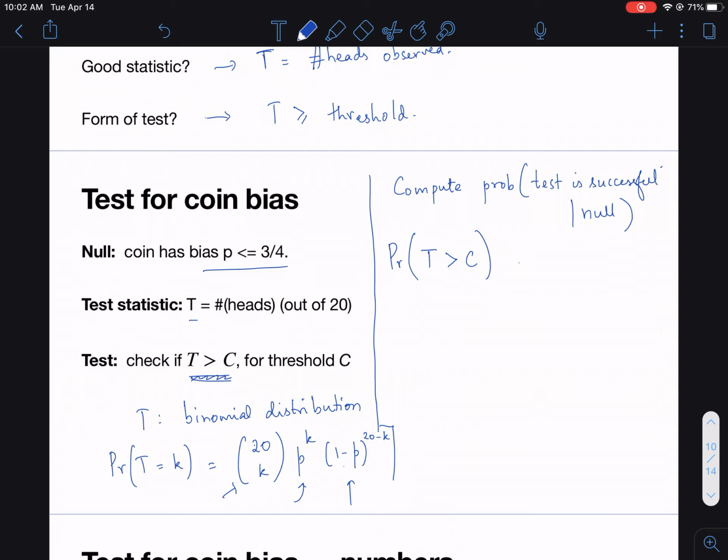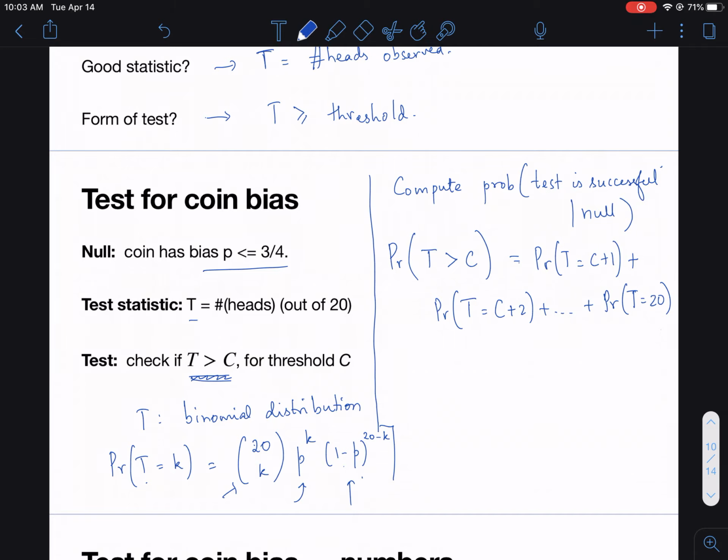Now if I have this for the probability that t is equal to k, what is the probability that t is more than c? This is simply the probability that t equals c plus 1, plus the probability that t equals c plus 2, plus so on, up to the probability that t equals 20. So that's the probability that t is more than c. And we can now evaluate this probability by plugging in this formula.